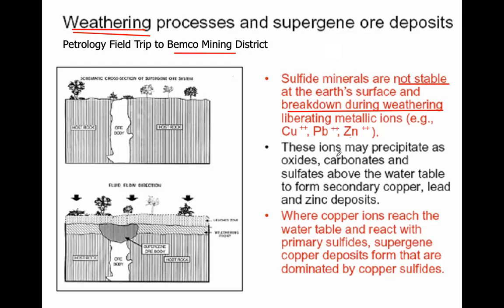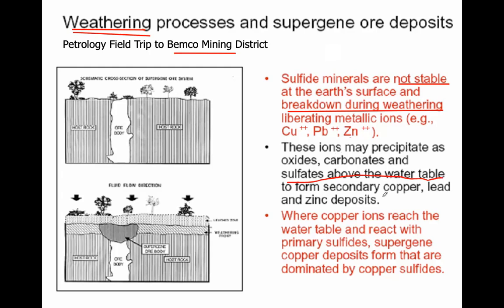will be deposited as either oxides or carbonates or sulfates, because oxidizing conditions are available. For example, sulfide converts into sulfates also. That is also possible in oxidizing conditions, right?